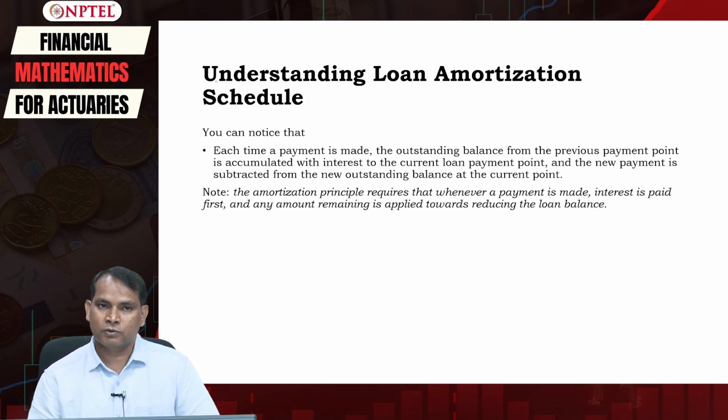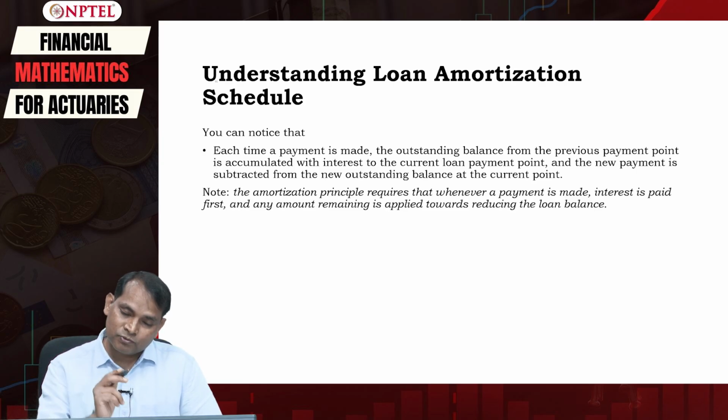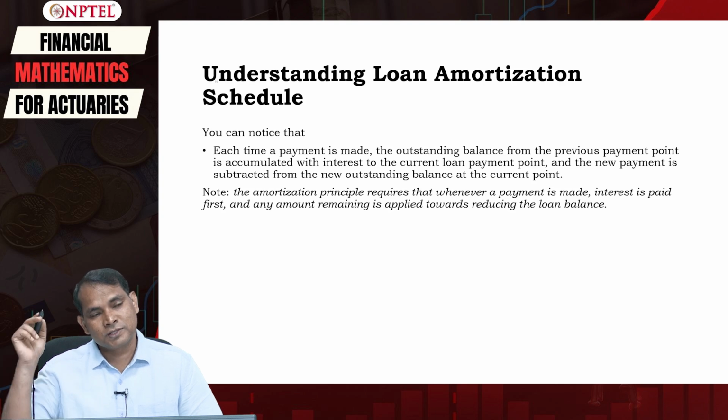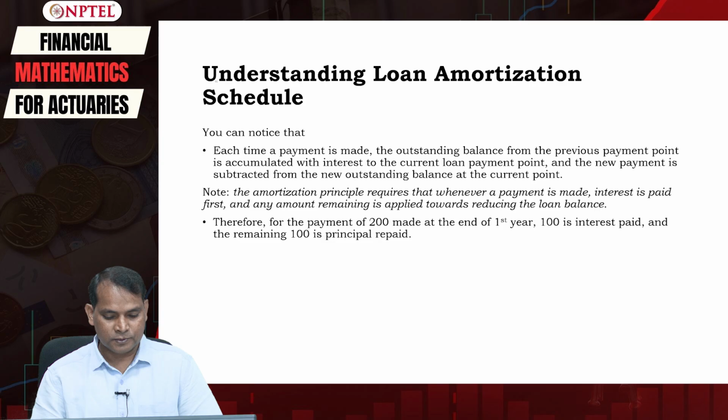For example, your first payment was 200 rupees, but the interest amount was 100 rupees, and therefore 100 rupees will go towards the interest due and 100 rupees will go towards reducing the loan balance or the principal.